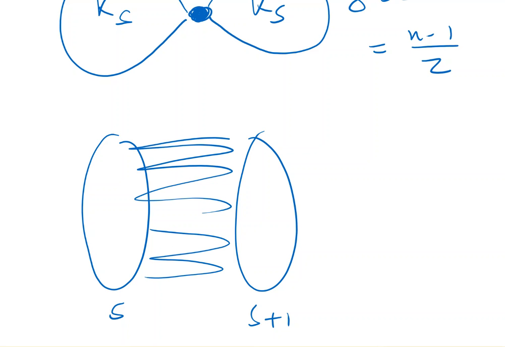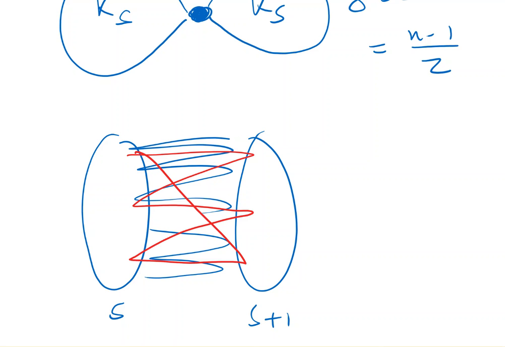Take a complete bipartite graph on 2s plus 1 vertices, s in one set and s plus 1 in the other set. Whenever I draw a cycle in here, no matter how I draw it, it's always going to have the same number of vertices in the left side and in the right side. So I cannot have a Hamiltonian cycle in here, because a Hamiltonian cycle would have every vertex exactly once, which would mean one more vertex in the right set than in the left set.